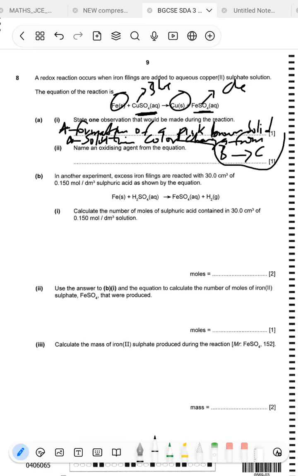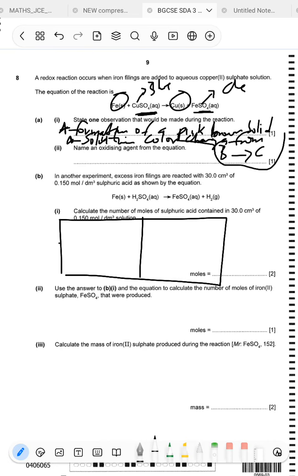Name an oxidizing agent from the equation. Now, how do we know an oxidizing agent? The way I want you to remember, you can just use this box here. Your oxidizing agent versus your reducing agent.